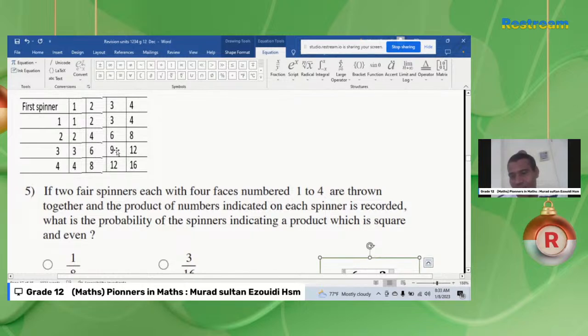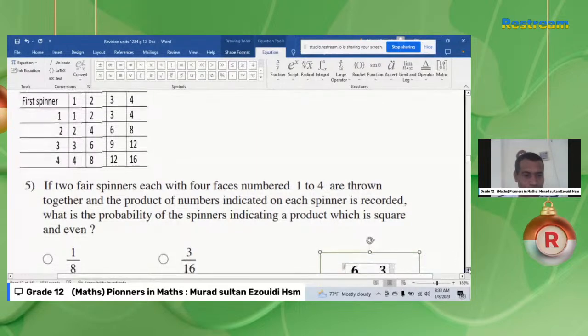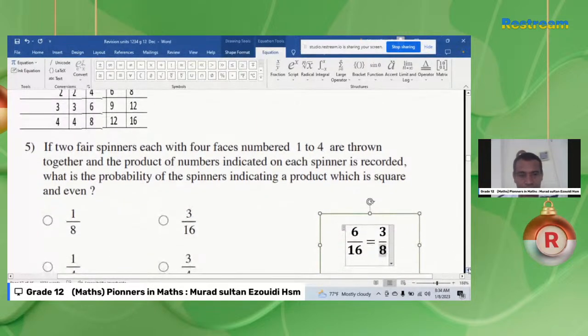This 9 is an odd number, so we should cancel it out. So therefore, how many should I cancel? 9 and what else? And 1. Therefore here it will be 4 divided by 16, which is equal to 1 over 4. Okay, yes, this one is the correct answer.